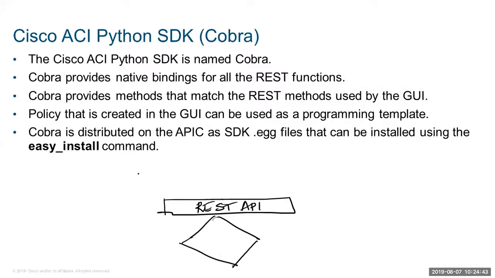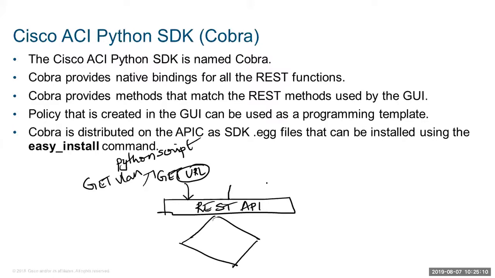If you had to write a Python script to get a VLAN, essentially within the script you'd have to say get followed by a URL. You have to know the URL. That's how you would do it.